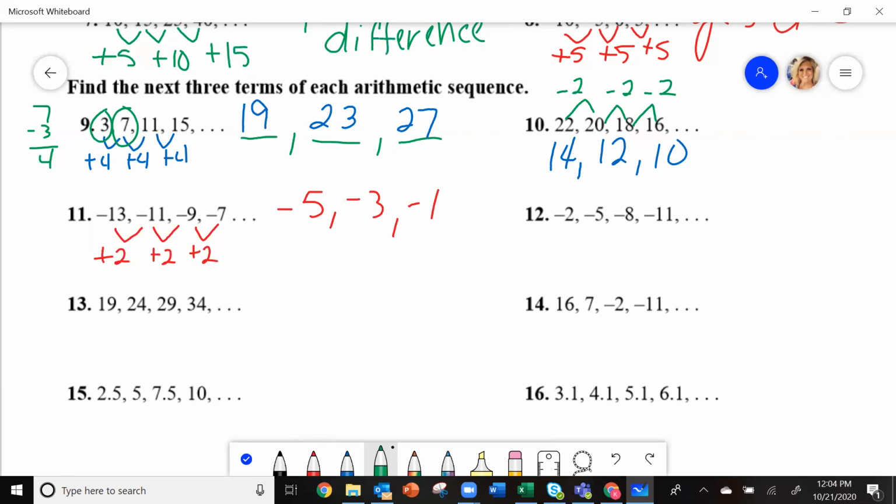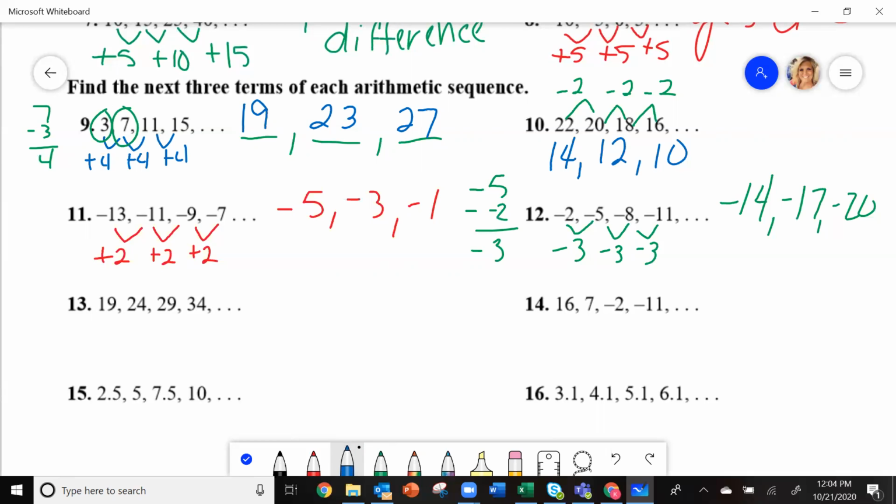Number 12. -5 minus -2 is going to give me a -3. I'm going to go down each time by -3. So I would have gotten -14, -17, and -20. Number 13, I'm going up by 5 each time.